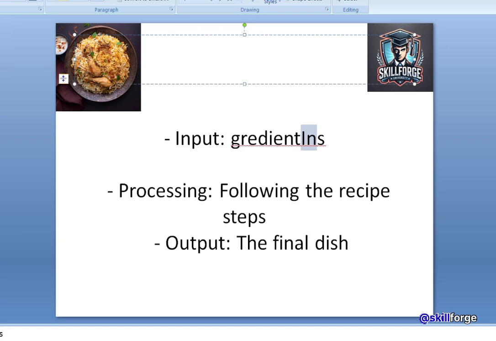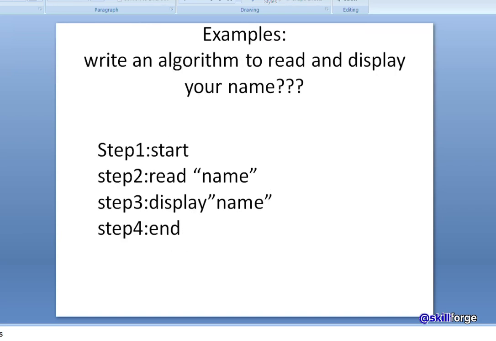So simply, let me explain by taking two examples here. First of all, I am taking an example: write an algorithm to read and display your name. As I have already told you, the first step will always be starting the process, and the last step will always be ending the process, and the middle steps will be reading and displaying.